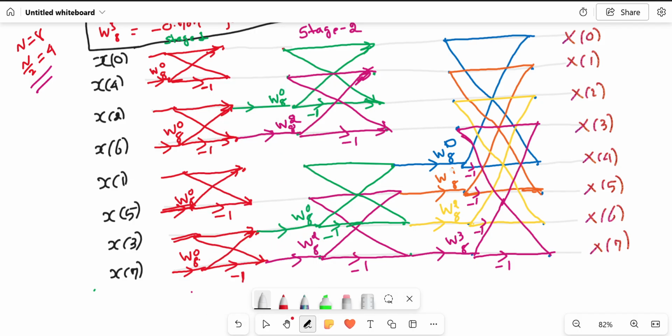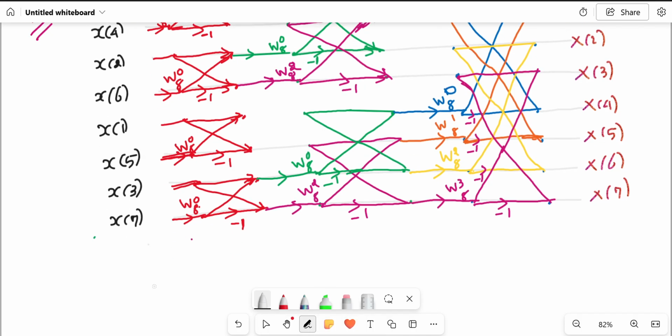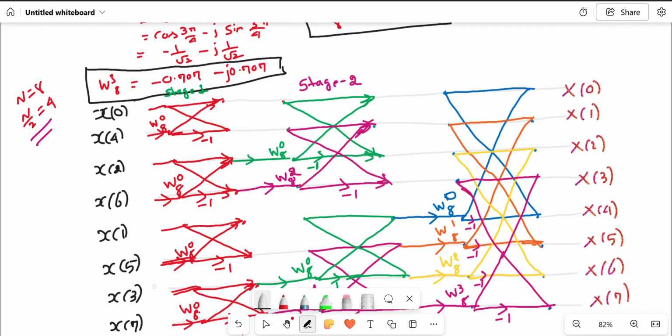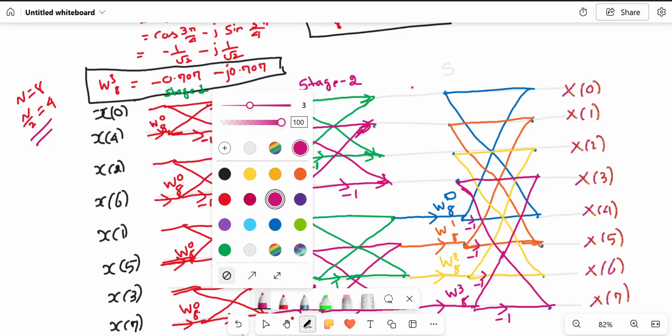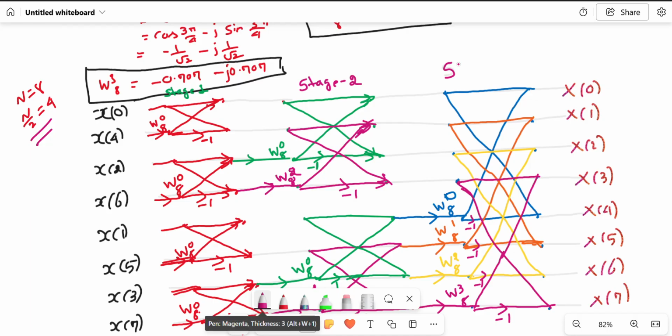Okay, this is n is equal to 8 point decimation. This is stage 3. In stage 3 also, how many butterflies? 1, 2, 3, 4 butterflies.